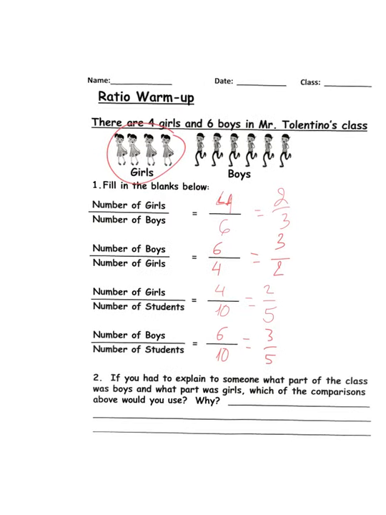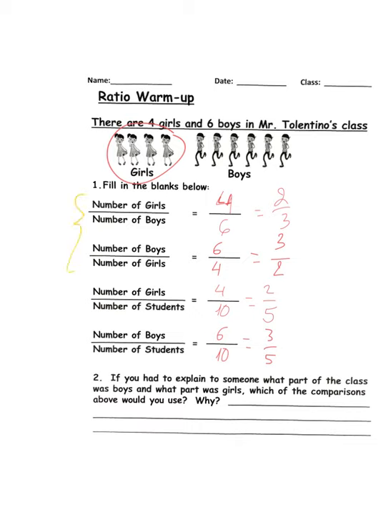Okay, if you had to explain to someone what part of the class was boys and what part was girls, which of the comparisons above would you use and why? I would say the first one is number of girls to number of boys, and the second one is number of boys to number of girls.